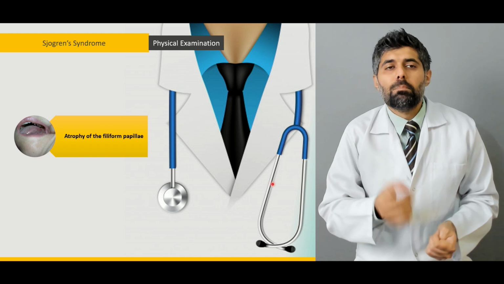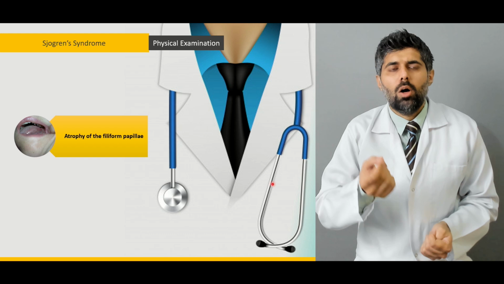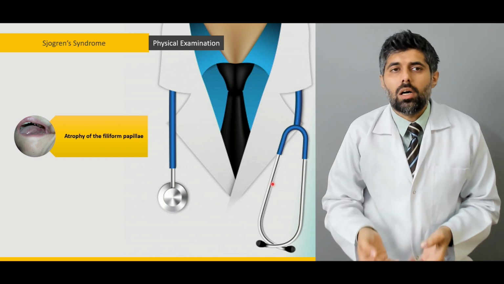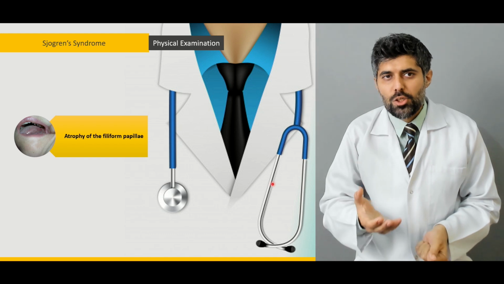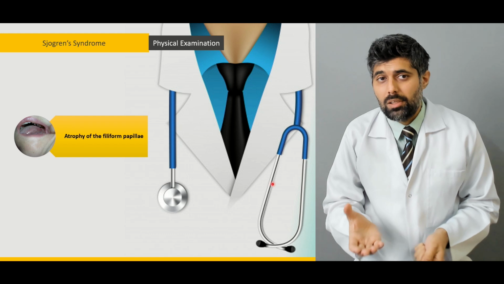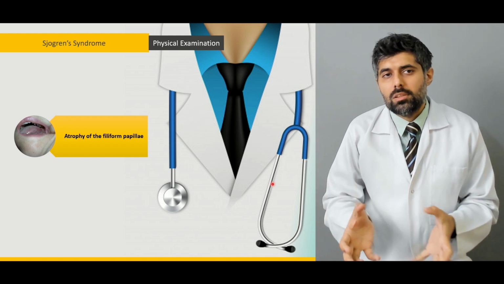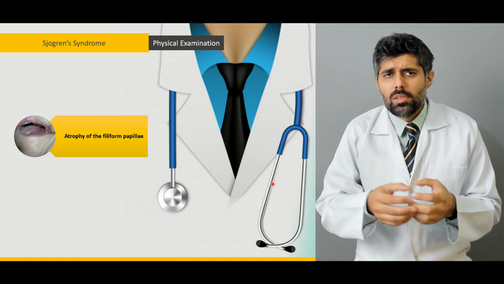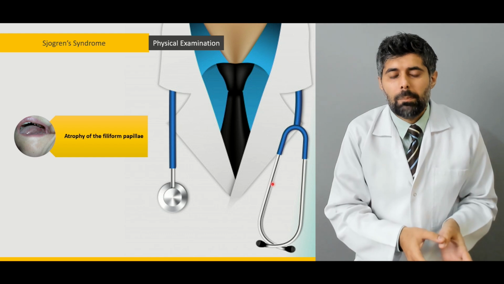Now, the filiform papillae are small, thin protrusions or appendages on the tongue. And whenever there is infiltration of the minor exocrine glands inside the oral cavity, the first sign that appears is the loss of these papillae.